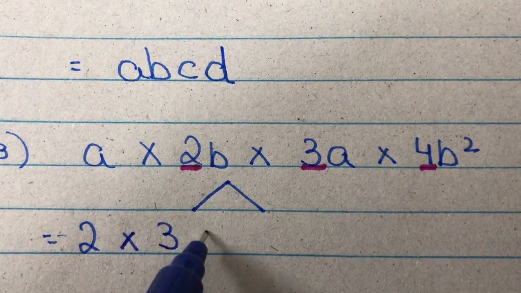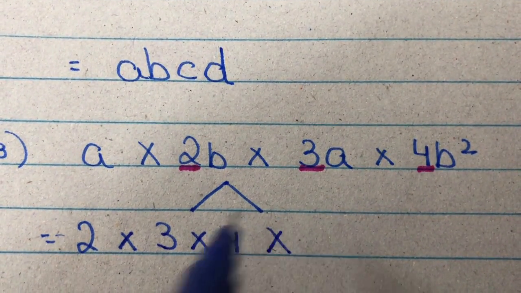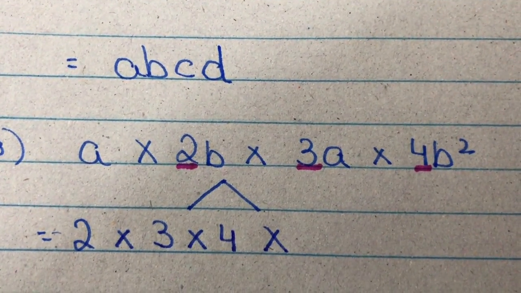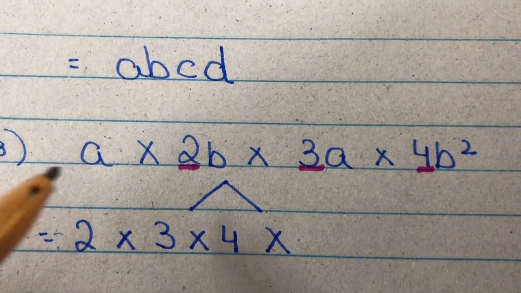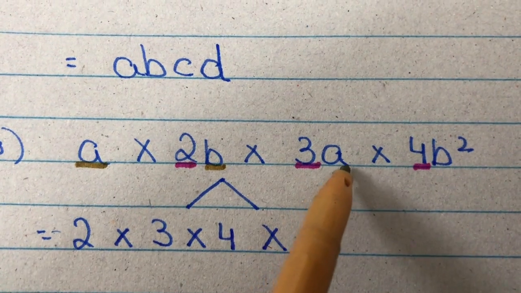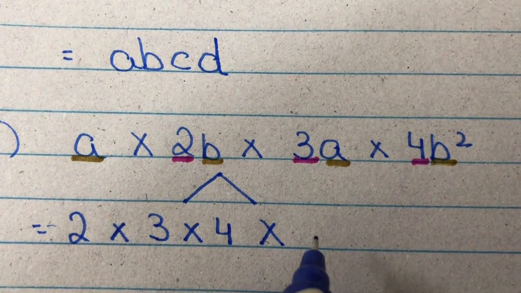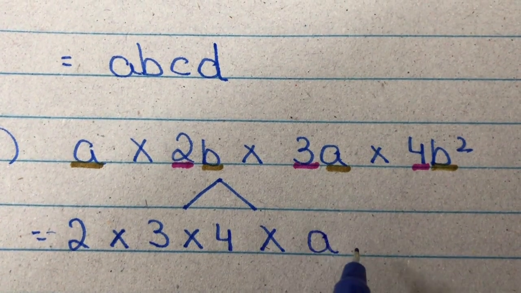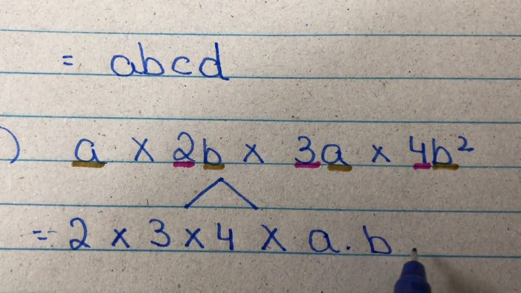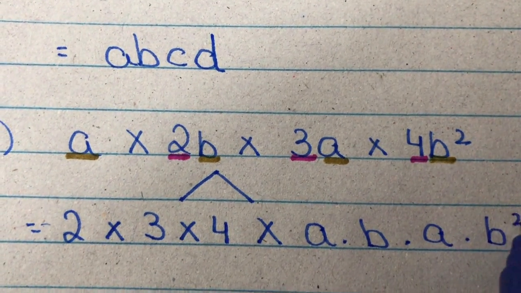All right, I separate the numbers, and then time to separate the alphabets. Now what are the alphabets? All the alphabets together. A, B squared. So let's write them together. A dot B dot A dot B squared.